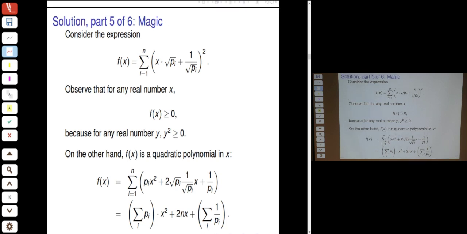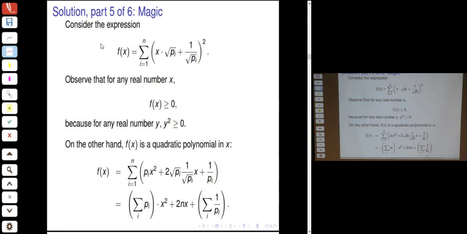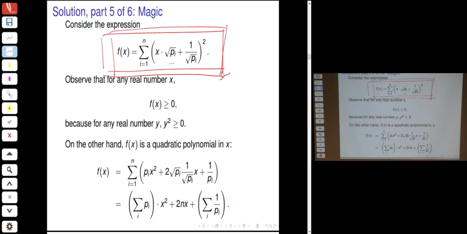So, now let us consider the following expression. Here the p_i are from the investment problem. So, p_i is the price of one share in month i. If p_i is the price of one share in month i and i runs between 1 and n, where the total number of months is n, then I consider this expression.